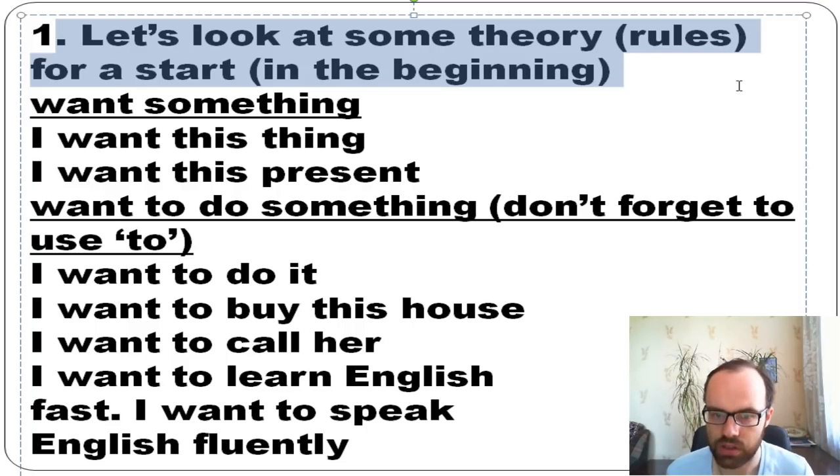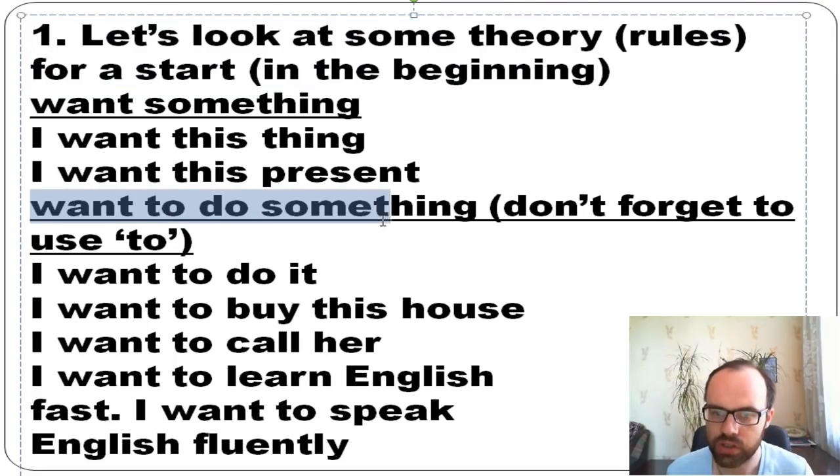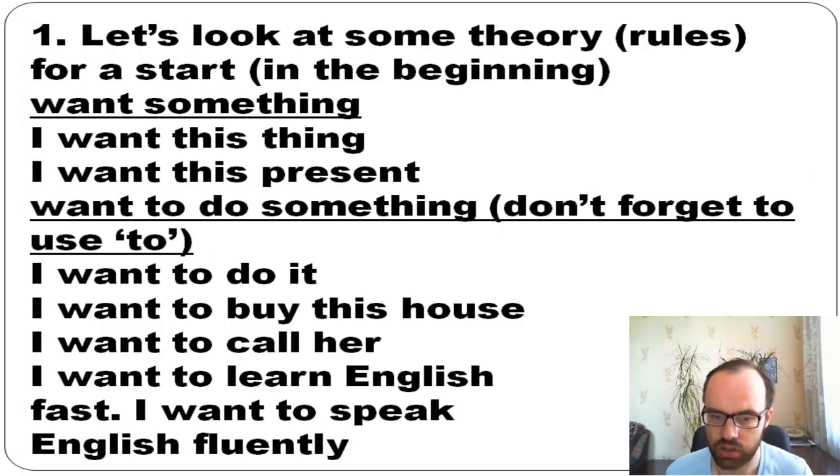I want this present. And want to do something. Don't forget to use to. For example, I want to do it. I want to buy this house. I want to call her. I want to learn English fast. I want to speak English fluently.